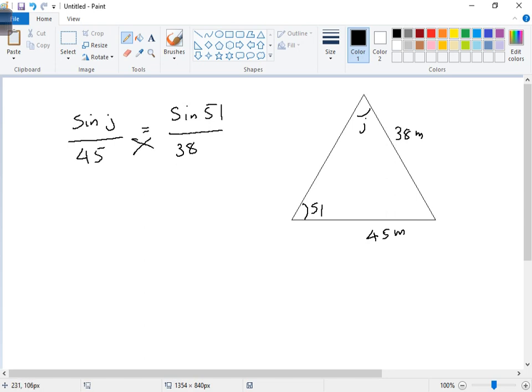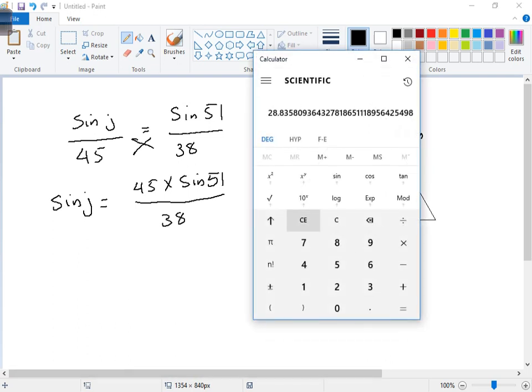Cross multiply, so in respect to sine J, we change the subject: sine J equals 45 times sine 51, divided by 38. We get the calculator.